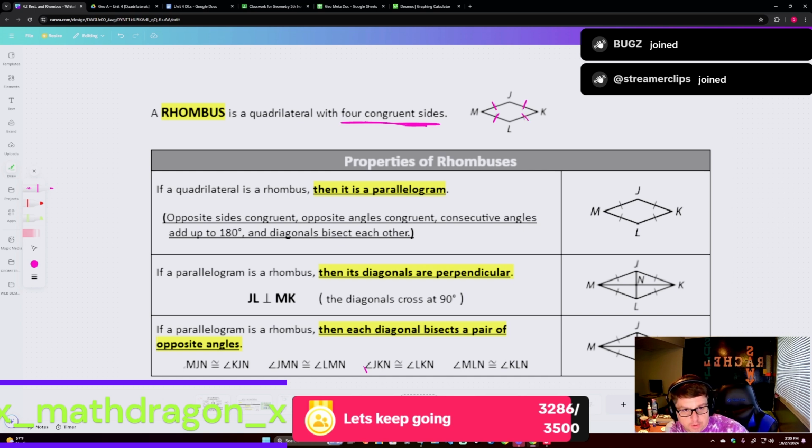And the most famous is the square, where we have 4 equal angles, 4 equal sides. There's our square. But for a rhombus, that's not the case. The rhombus does not need equal angles. We don't need them to be 90 degrees. What we do know is that the diagonals will form 90 degrees. What we do know is that the diagonals will bisect each other.